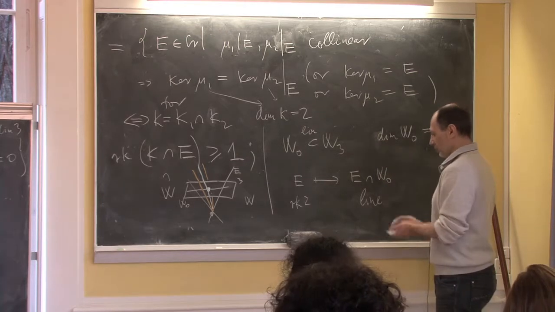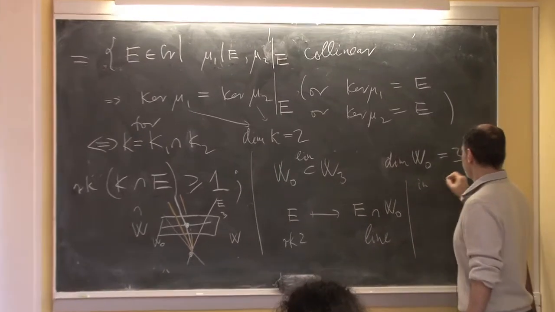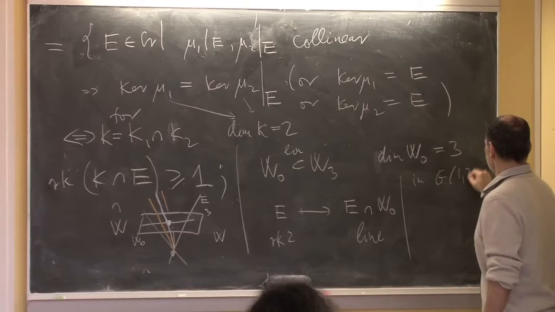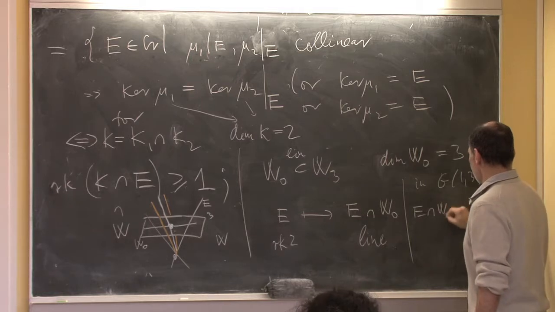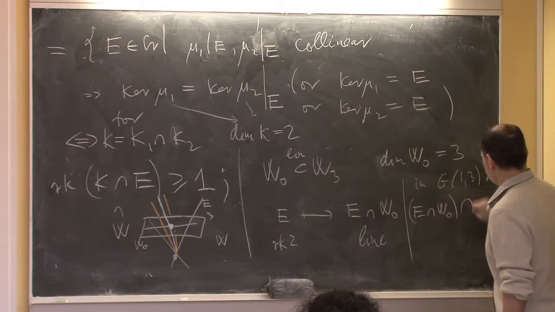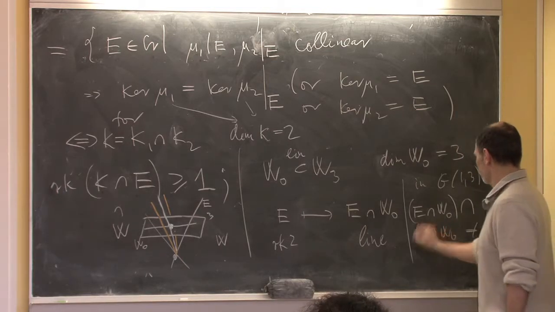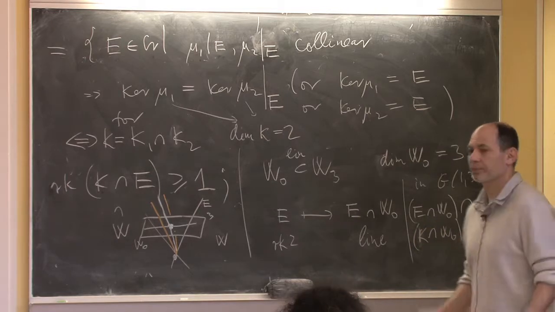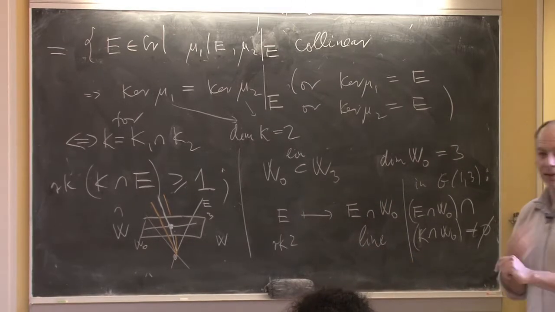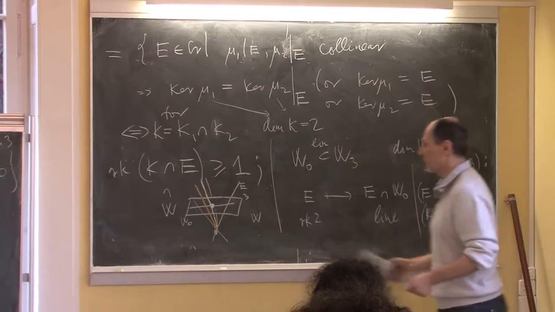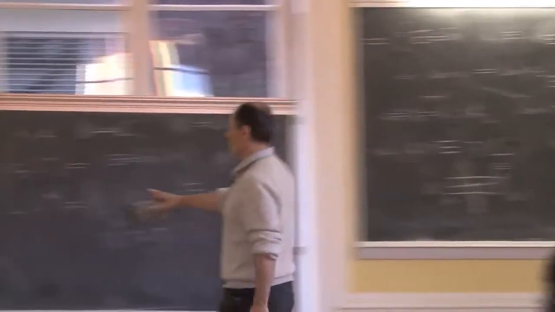So this is the meaning: E intersection W0 intersecting with K intersection W0 is not empty. Okay. So this is precisely the condition that I was trying to see at the beginning of having three-dimensional space and lines, the condition of lines intersecting. So that's precisely the first Chern class of this tautological bundle, the Grassmannian.